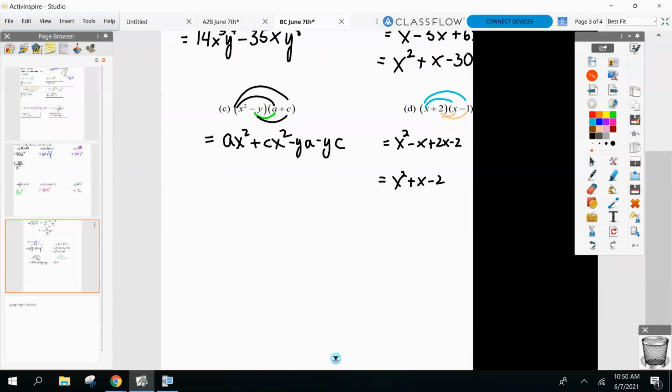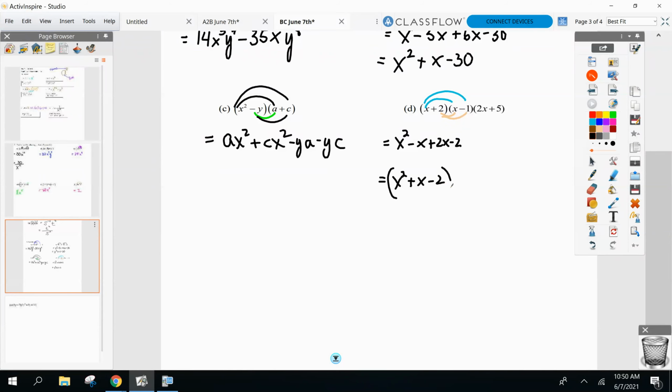All right, now I still have to multiply that with the last binomial, 2x plus 5. Now, how do you do this? Triple distribute? Fine. Hey, guys, look, you don't always have to go left to right. Take a look. You can take the 2x on the right and distribute it. Then you can take the 5 and distribute it. It's up to you what you want. Just make sure whatever parenthesis you decide to distribute, you distribute everything in there. So I'm going to let you guys work on that for a second and then ask somebody what they got.